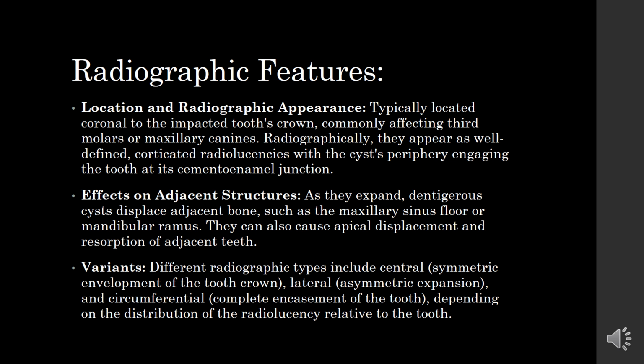They can also cause apical displacement and resorption of adjacent teeth. Different radiographic types include the central variety, which shows symmetric envelopment of the tooth crown, lateral variety, which shows asymmetric expansion, and circumferential variety, which shows complete encasement of the tooth, depending on the distribution of the radiolucency relative to the tooth.